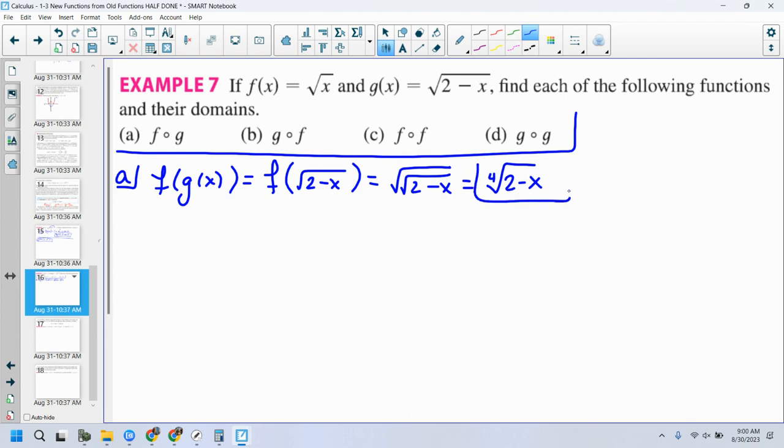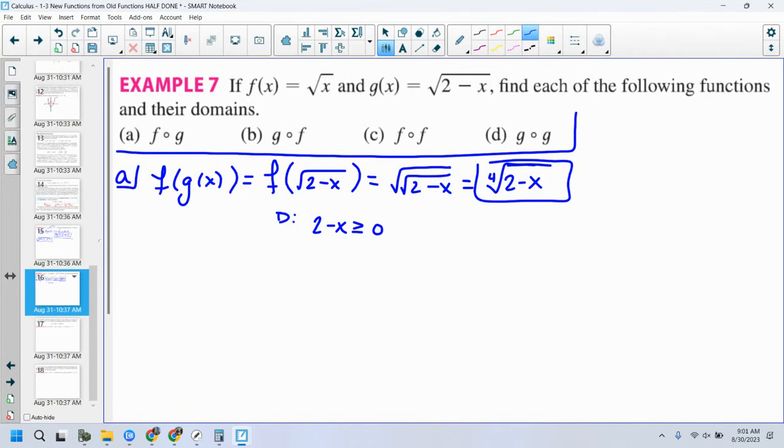And then I have to say, okay, what's my domain? Well, it's restricted here, right? What is the restriction on the innermost? What is the restriction on g? Well, 2 minus x has to be greater than or equal to 0, right? That's the restriction on g.